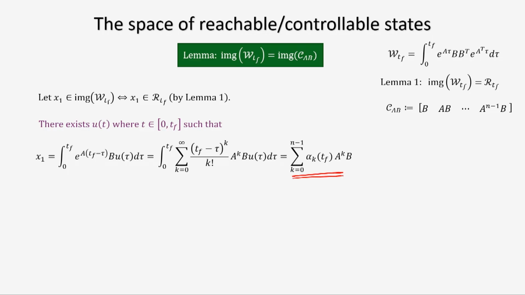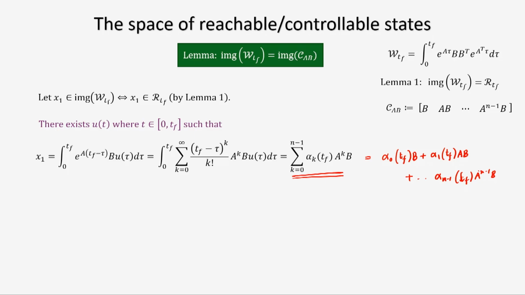But what is this? Notice what is this? This is nothing but alpha 0 (t f) b plus alpha 1 (t f) A b plus dot dot dot alpha n minus 1 (t f) A to the power of n minus 1 b.